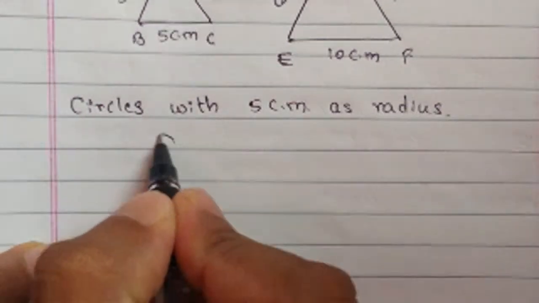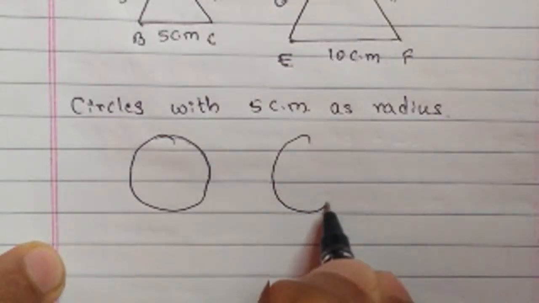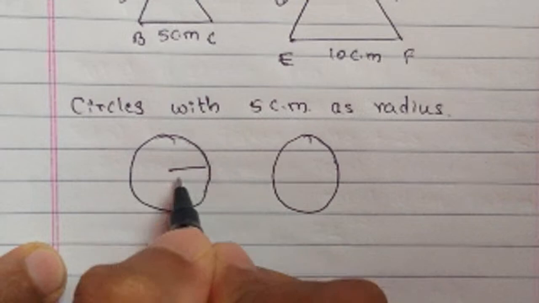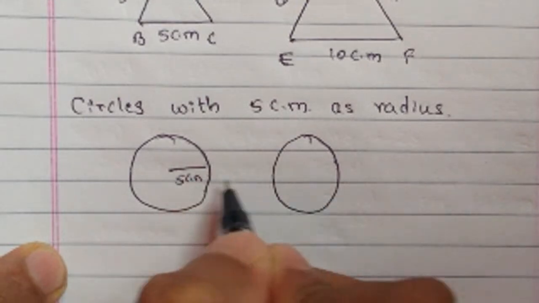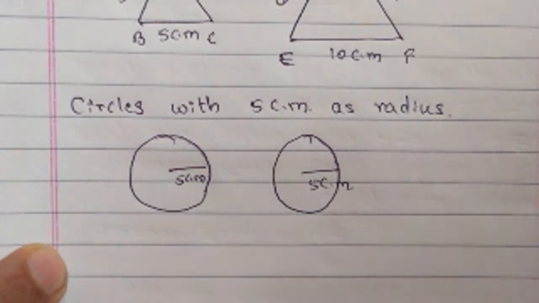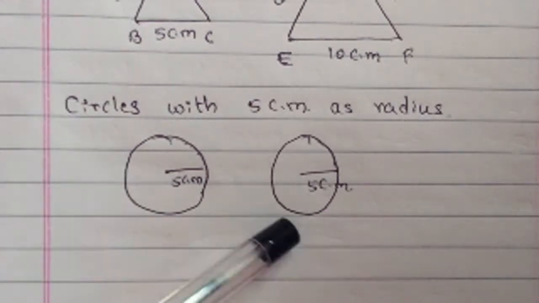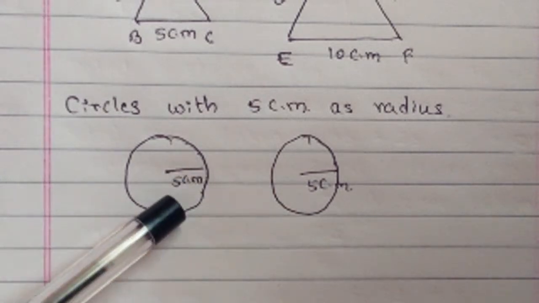So I will draw roughly one circle and another circle. So this length is how much? 5 centimeter, and this length is again 5 centimeter. So two circles with the same radius, then these figures are congruent or similar.